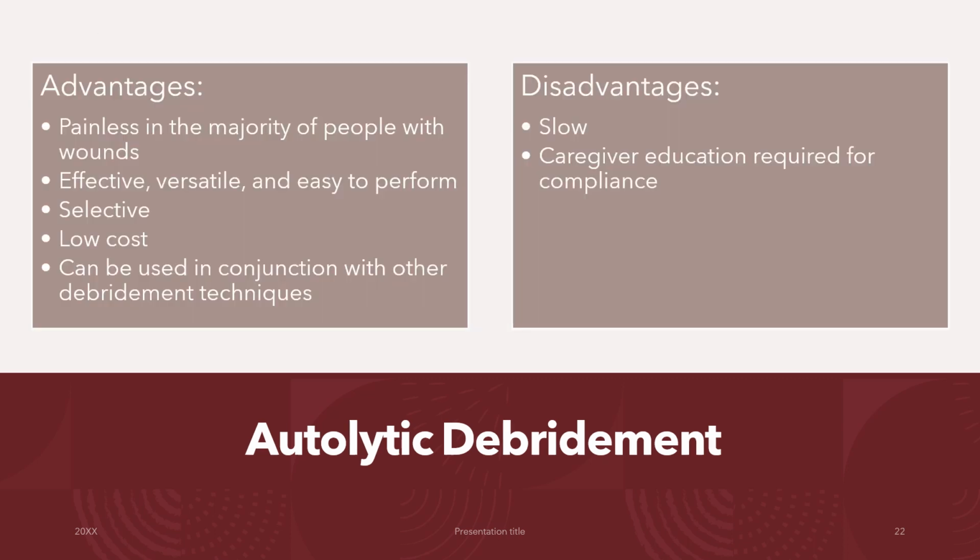The advantages are that it's painless in patients with painful wounds, effective, selective, low cost, and may be combined with other techniques. But it's slow and needs some education. It may cause skin maceration. Actually, autolytic debridement could be used in a dry wound, but enzymatic needs a moist wound.